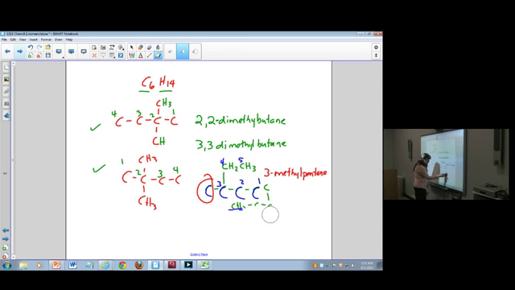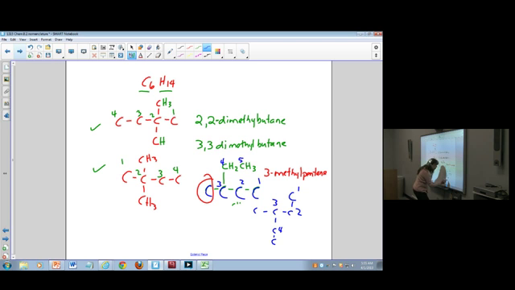But if you'll look at this, we can number this 1, 2, 3, 4, and 5. Or we can number it the other direction. But if we come out here and try to make this 1, 2, 3, then we have not gotten the longest part of the chain, because the longest part of the chain includes all of these carbons.